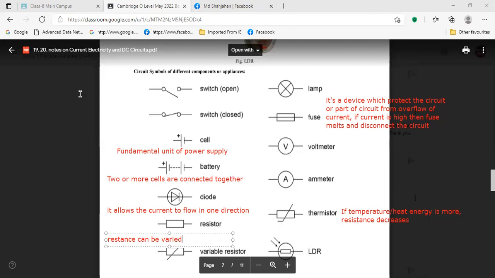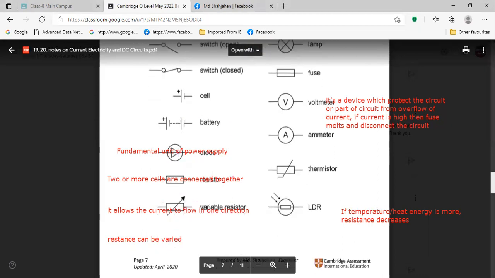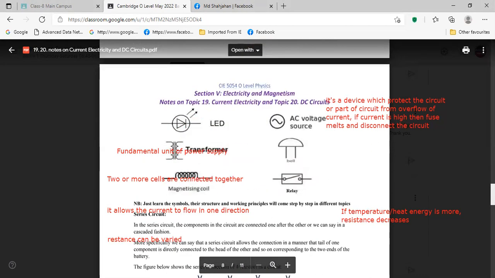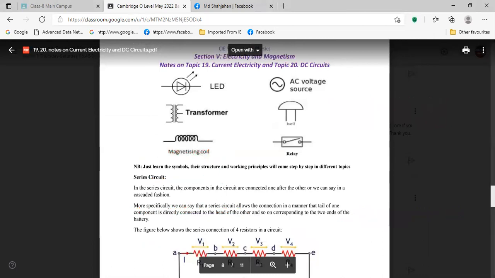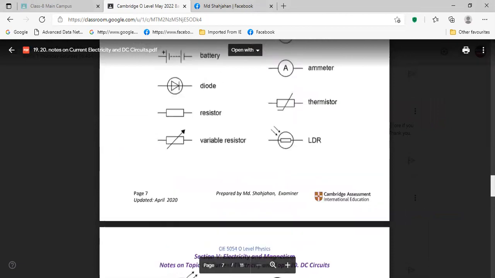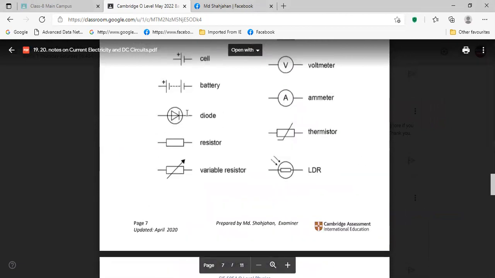Okay, if you don't have any questions, then we will go for next. So you got diode before, right?